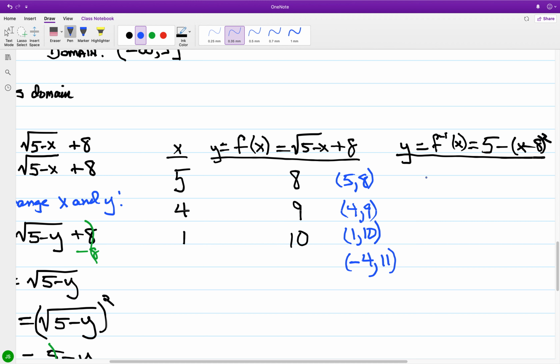And for the ordered pairs of the inverse, I would have (8, 5), (9, 4), (10, 1), (11, -4).